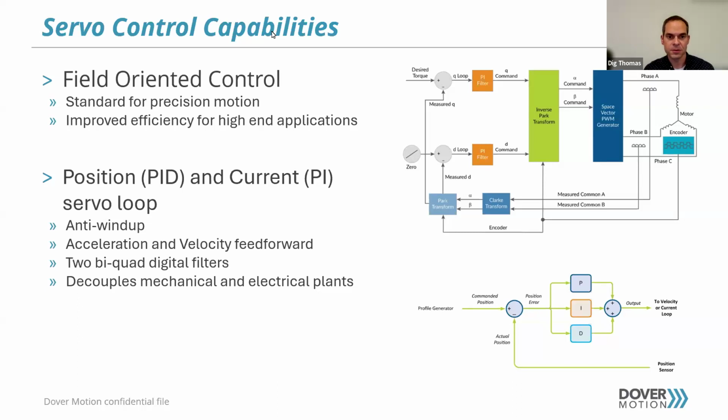Beyond that, when you tune that current loop, you can pretty much take your position loop and move from motor to motor, as long as you know whatever that force constant is, and you're not sitting there having to decouple and tune and turn one value up.